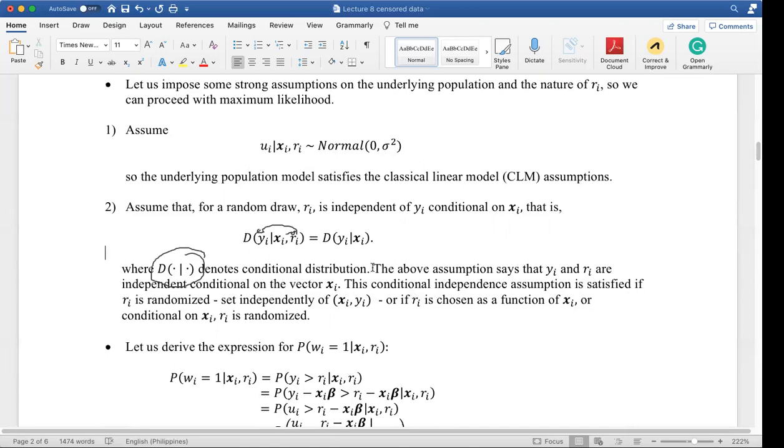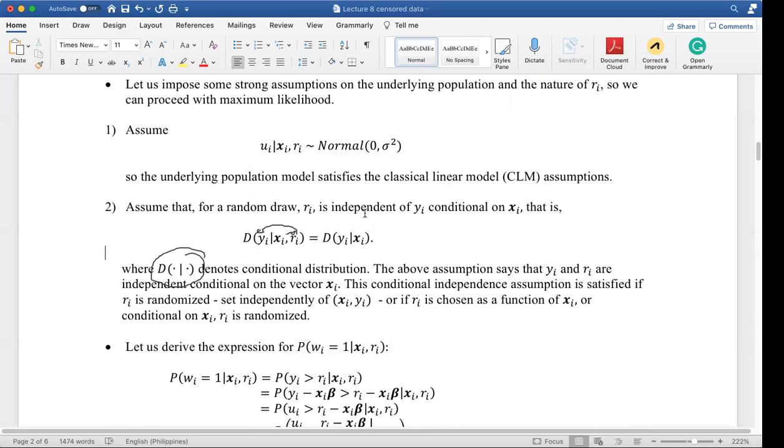Just to repeat, the above assumption says that Y sub I and R sub I are independent, conditional on the vector X sub I. This conditional independence assumption is satisfied if R sub I is randomized, set independently of X sub I, Y sub I, or if R sub I is chosen as a function of X sub I, or conditional on X sub I, R sub I is randomized.